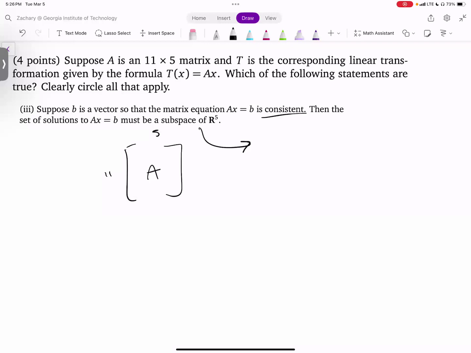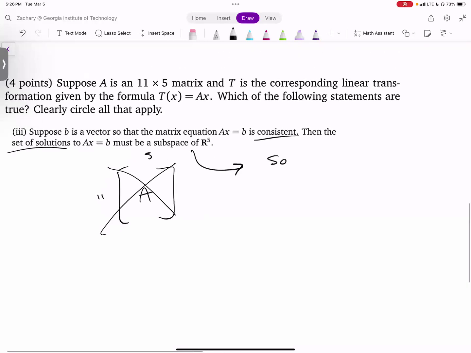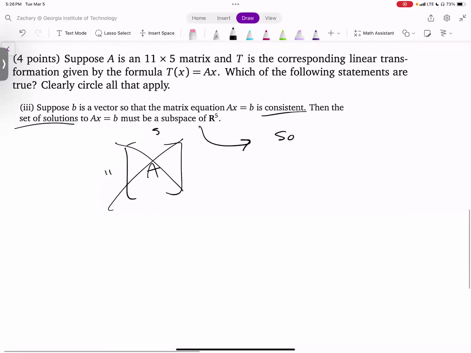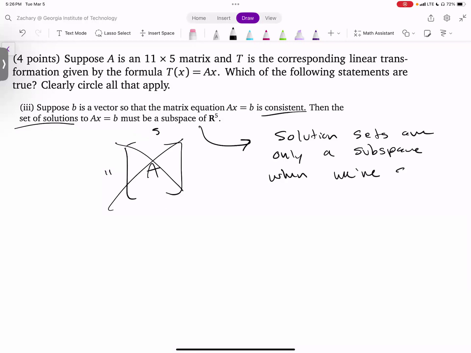Okay. So there's one little trick here that you actually don't need any information about A. Solution sets are only a subspace with one condition, and that is when we're solving the homogeneous system, AX equals 0.